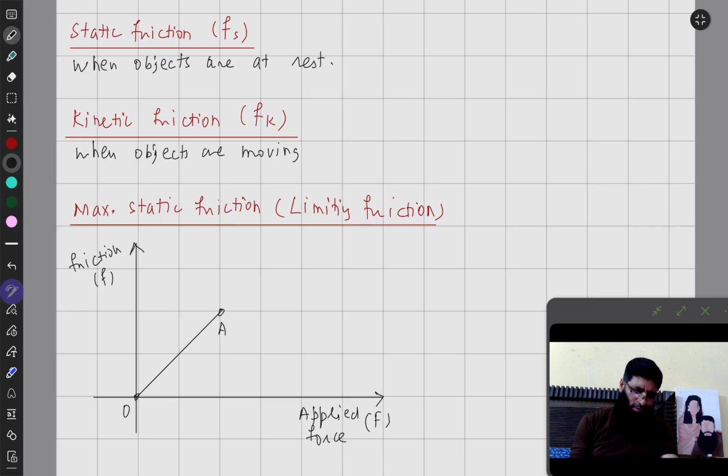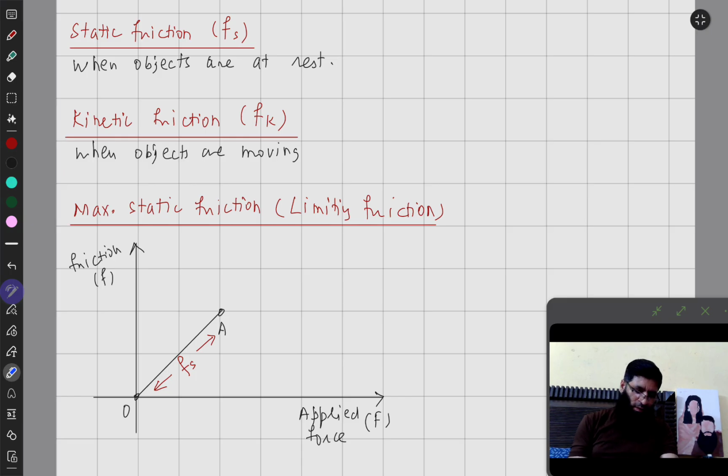From point O till point A, this is the friction which is called the static friction. On the x-axis you have the applied force, the external force, and on the y-axis you have friction. From point O till point A, both quantities are increasing with each other. As you increase the applied force, the external force, you can see that friction is also increasing.